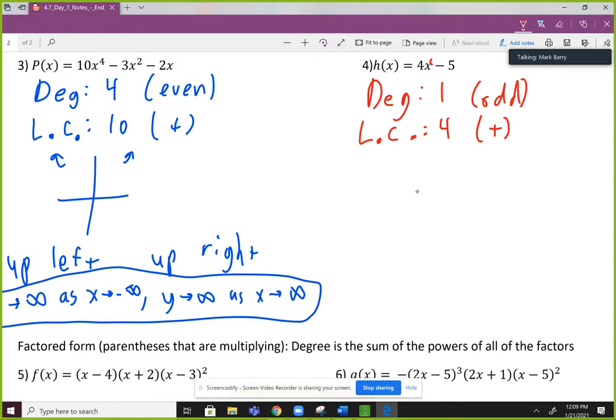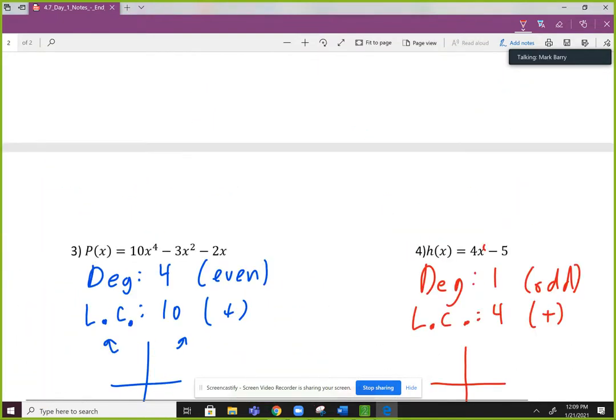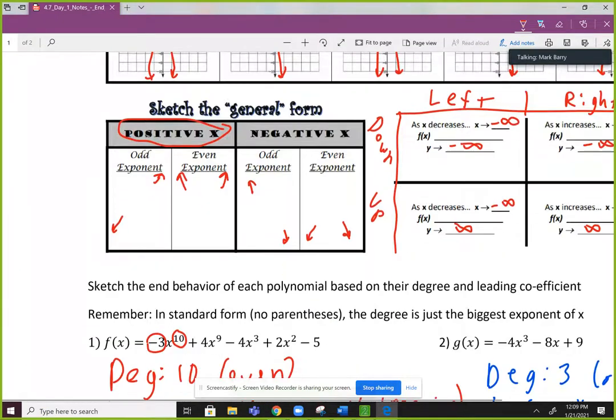All right, let's draw our graph here. So where the arrows are going to go, I'm going to go back to my chart up here. So we had an odd degree positive. So that's actually the first box there.